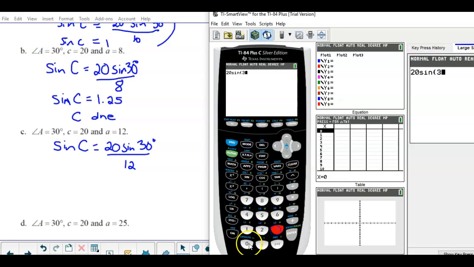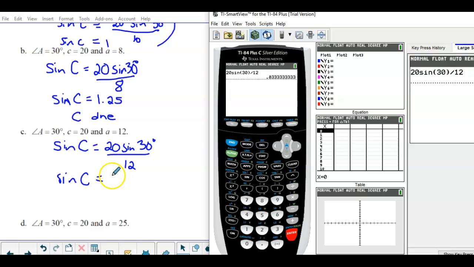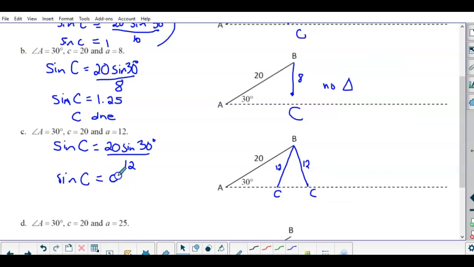So 20 sine 30, close the brackets, divide by 12. So sine C equals, now it's a number less than 1, 0.83 repeating, and so C is the inverse sine of that.